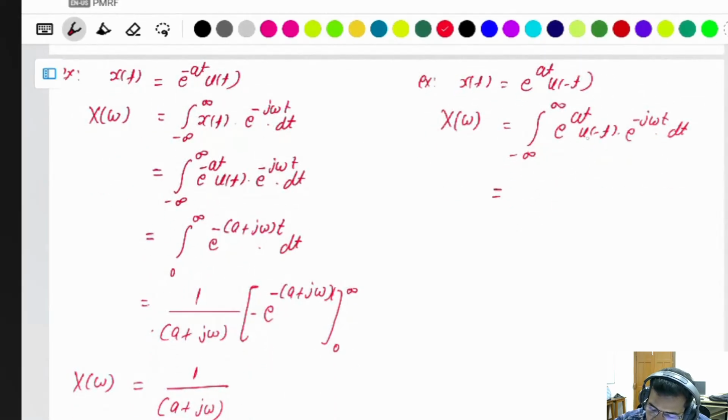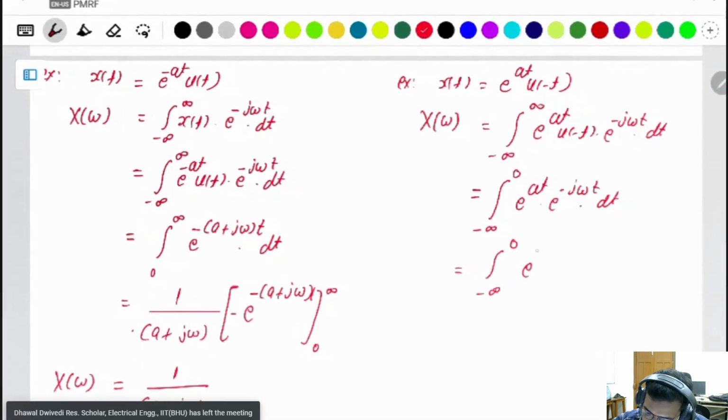For u of minus t, it means this signal is available from minus infinity to 0. Then the limit will also change according to this, minus infinity to 0, e to the power a t into e to the power minus j omega t dt. This will add up to (a minus j omega) t dt.